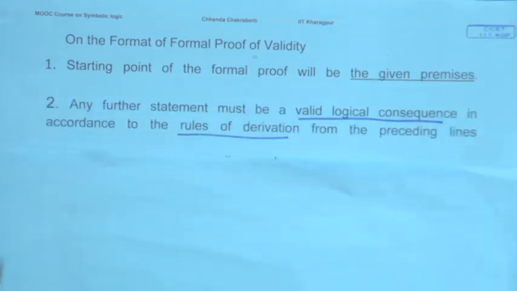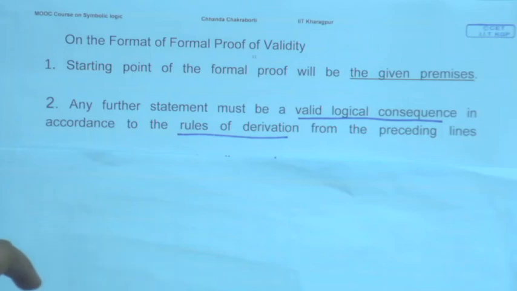And then, as we just saw, you can add lines in the proof. This is given. Then anything that you add to the proof is a new line, but these are not random insertions or random additions.